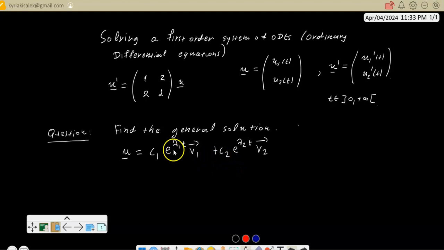I will explain what the eigenvalues and the eigenvectors are by first writing this system of ODEs in the following way: U prime equals A times U. A is called the coefficient matrix because we have the coefficients here, 1, 2, 2, and 1.